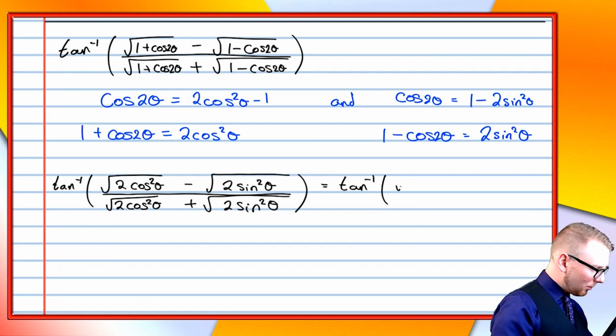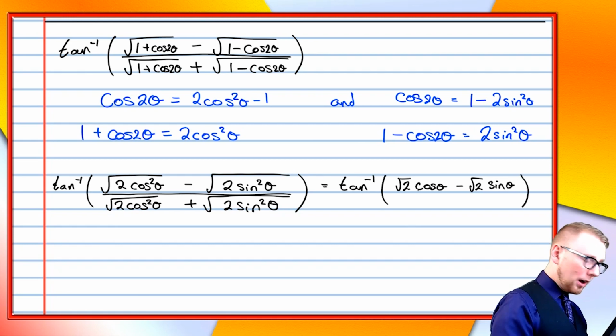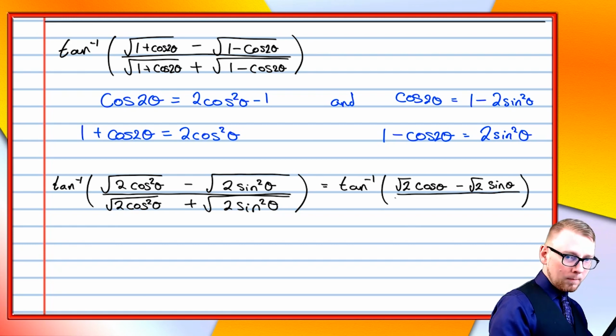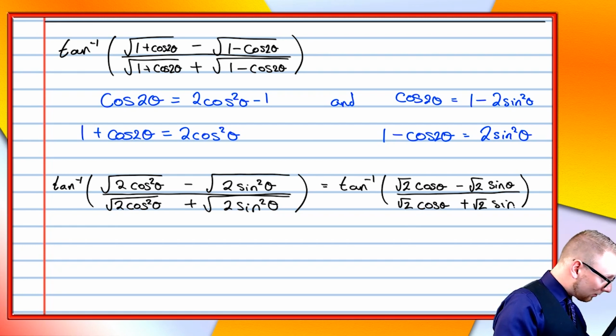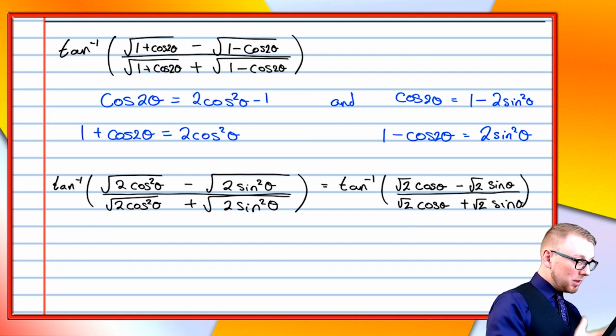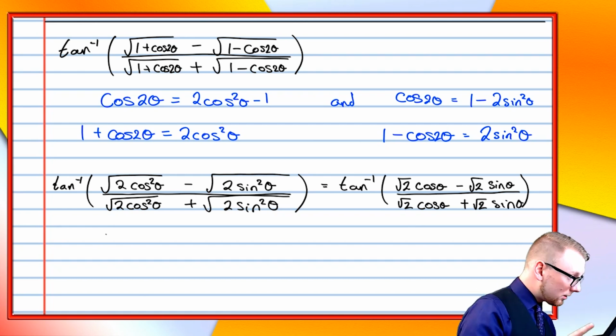We can have a square root of 2 cosine theta minus the square root of 2 sine theta, and then this is going to be divided by the square root of 2 cosine theta plus the square root of 2 sine theta. Well, we can take out a square root of 2 on the top and bottom, so they'll cancel out.